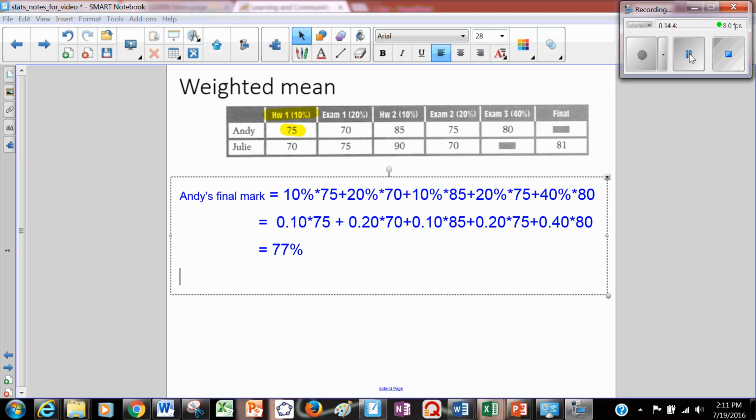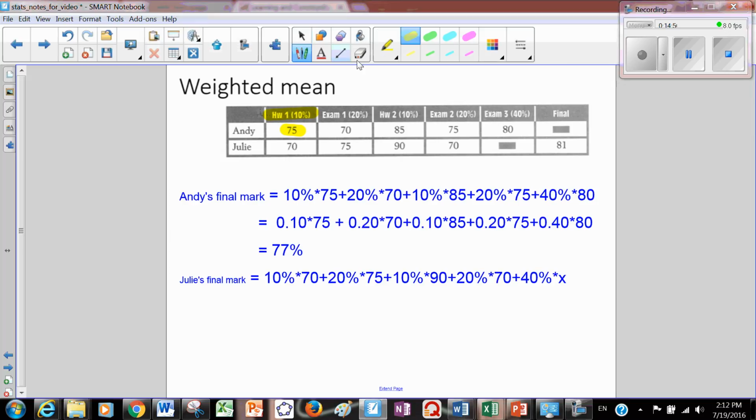Take a second, pause the video, and try it for Julie to see if you can figure out how to do it. I'm going to write it down, and then we'll see. So if we do the same thing for Julie, we realize that we're not looking for the final mark for her. We're looking for x. We're looking for the mark here of exam 3. So what we're going to do is we know our final mark.